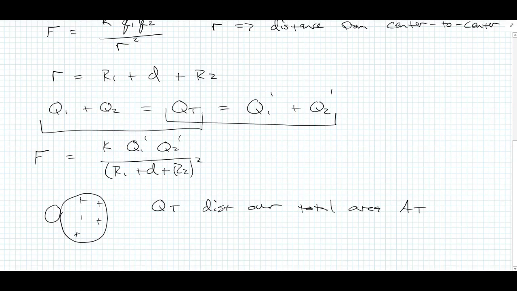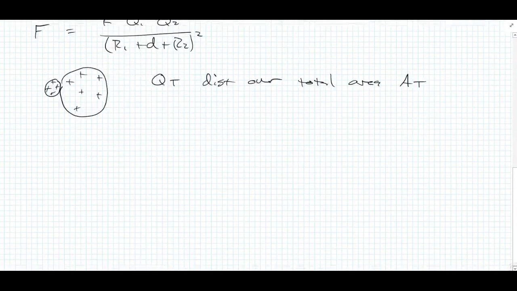Let's say it's positive. And I know that it's going to uniformly distribute itself over the surface of the two spheres as a single conductor, because charge on a conductor will uniformly distribute itself over the surface of the conductor. The charge is trying to get as far away from the other charge as it can, and the best way to do that is to uniformly distribute over the surface.